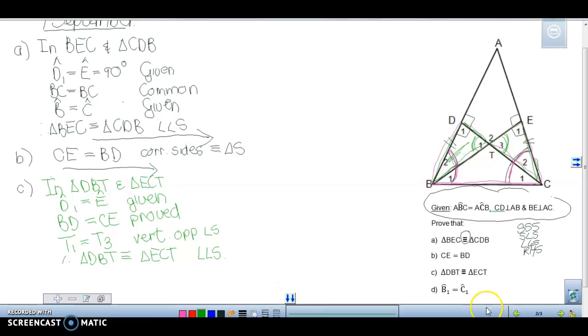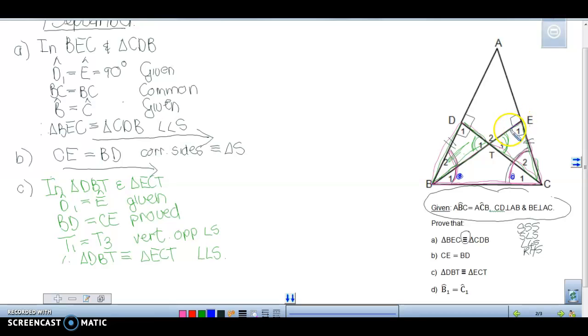Right, so the last part is angle B1 equal to angle C1. So where is angle B1? Let's change colors again. And so this is angle B1, yeah? And we have to prove that it is equal to C1. And now look at this angle.